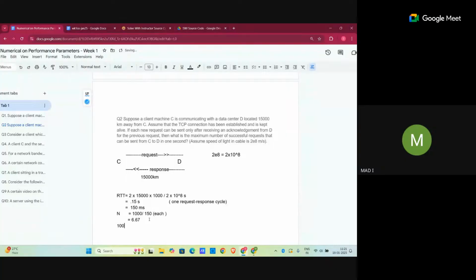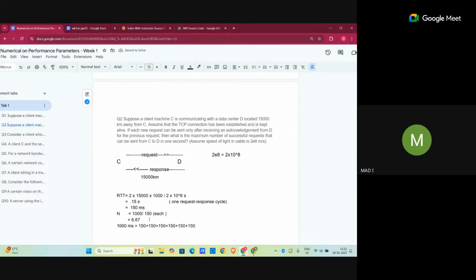We have 1000 milliseconds. Now the first request response cycle is made. It took 150 milliseconds. This is for the first request, then this is for the second request, then the third request, the fourth request, the fifth request, the sixth request.